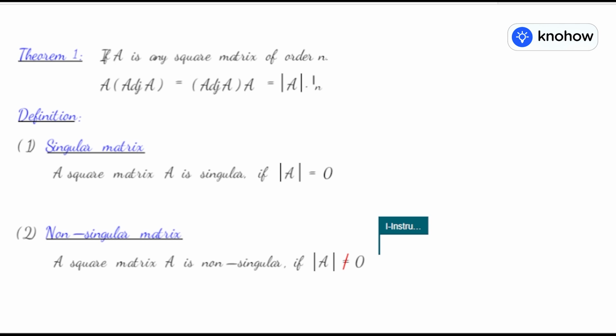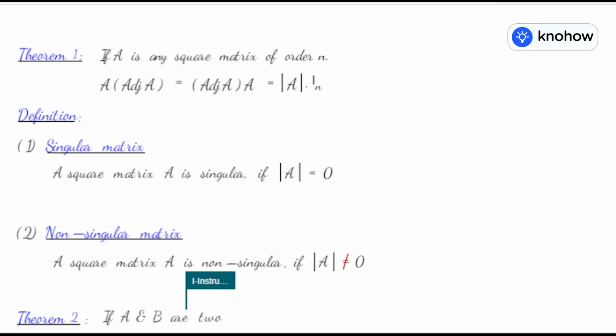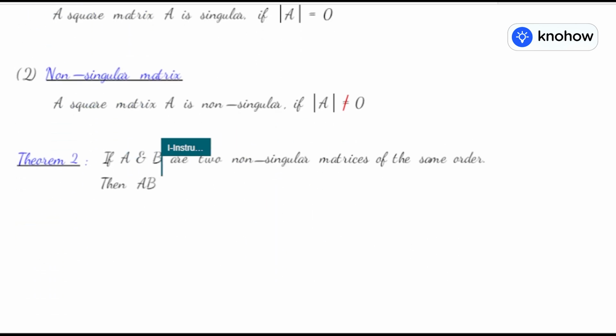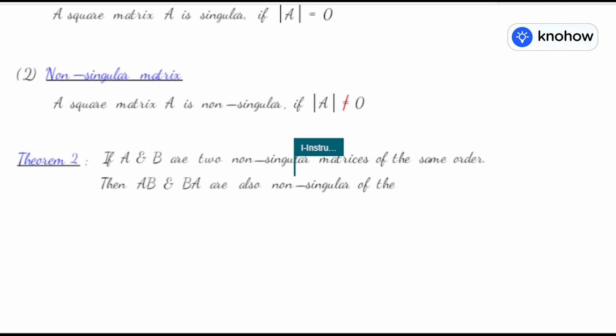All these results I am giving ready-made to you, considering they will be required directly. If A and B are two non-singular matrices, then the products AB and BA, these two matrices, are also non-singular and of the same order.